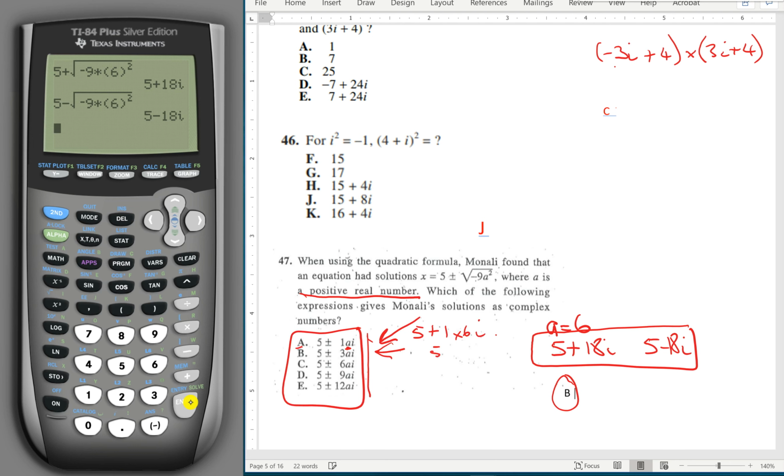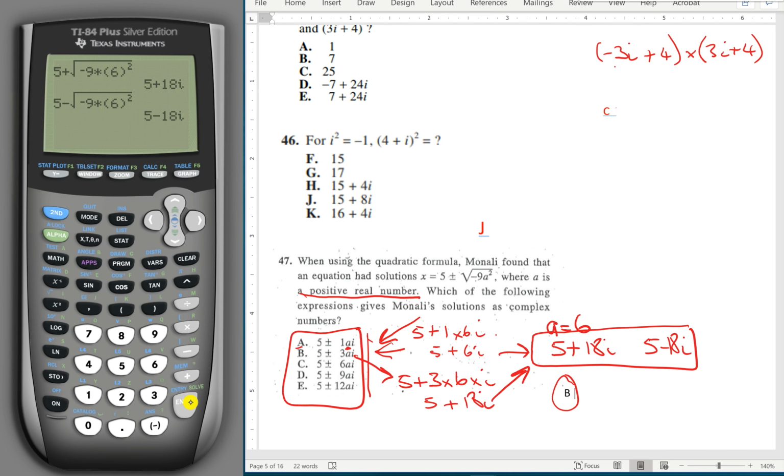So that would give us 5 plus 6i. Does that equal that? No. Right. B, we get 5 plus 3 times 6 times i. That gives us 5 plus 18i. Does that equal that? Yes, it does.